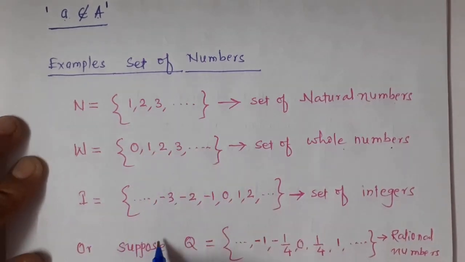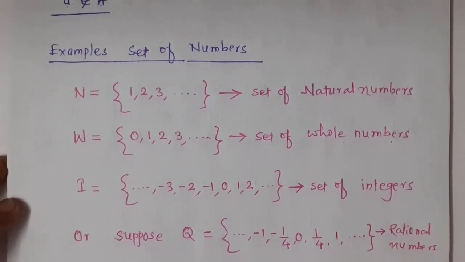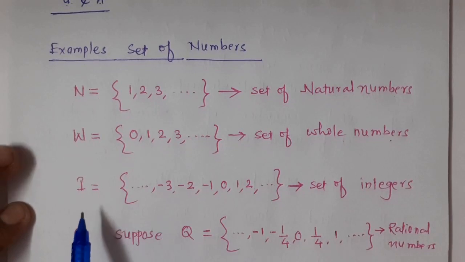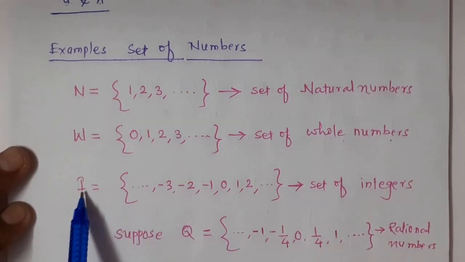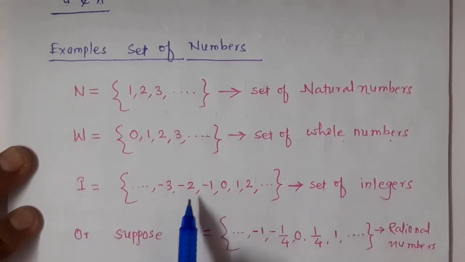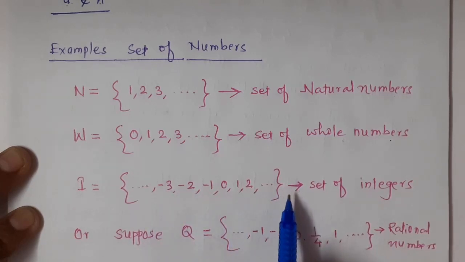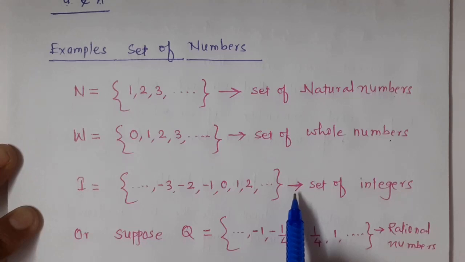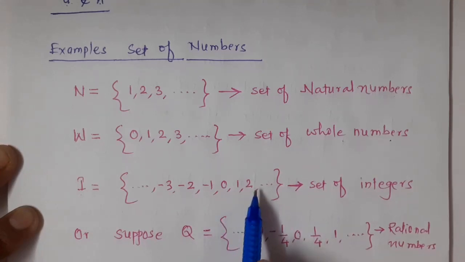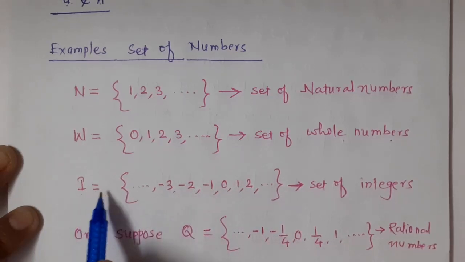Now if you have to represent the set of integers, I am giving the name of that set as capital I. You know that integers comprise negative numbers as well as positive numbers. When you have seen the scale, there are the numbers to the right of 0 and the numbers to the left of 0, so integers represent that.